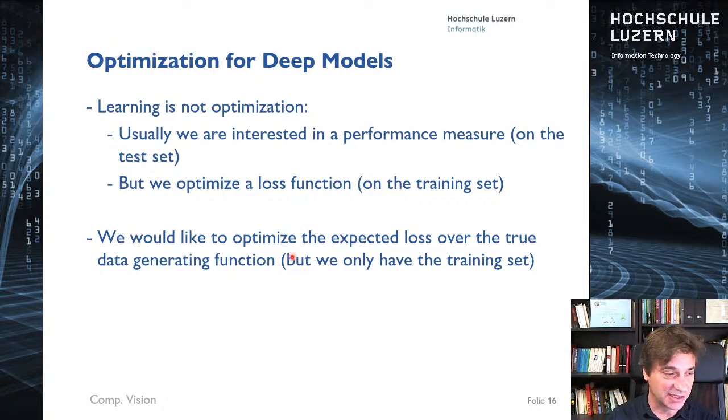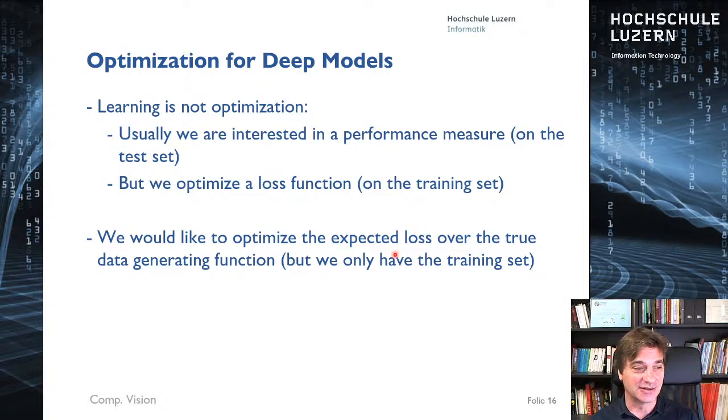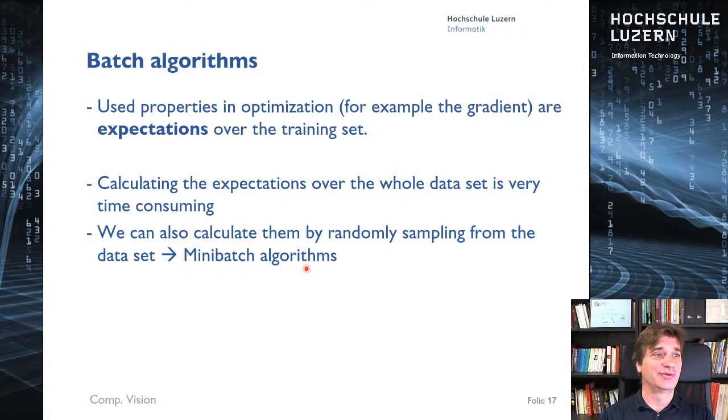And of course, we would like to optimize the expected loss over the true data generating function, but we only have the training set available. What does this mean? It means that we can use expectations. If we anyway just have a sample of the data from the data generating function, like the training set, it does not really matter how much of this data we use for one pass of the optimization.